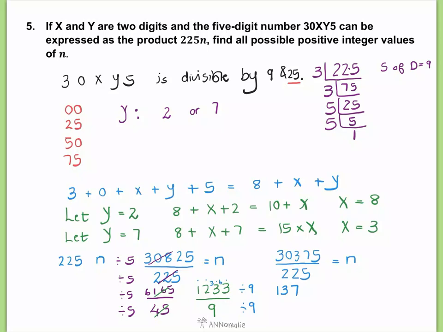So one value of n is 137, and we can follow the exact same simplification process over here to find another value of n that will be 135. So our final answer here is 137 and 135.